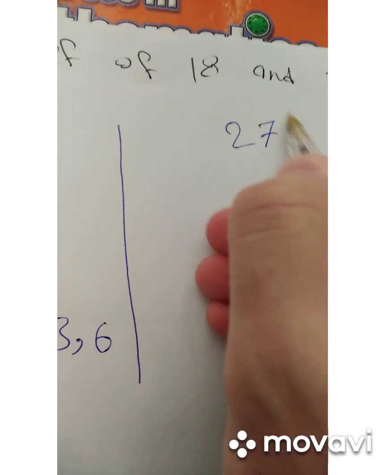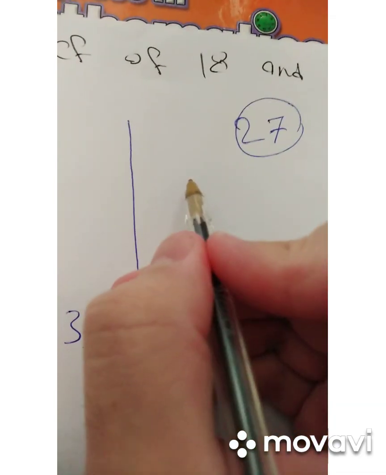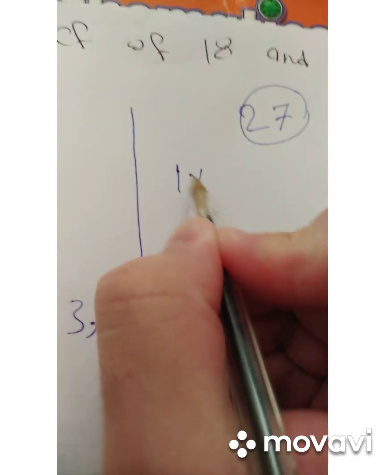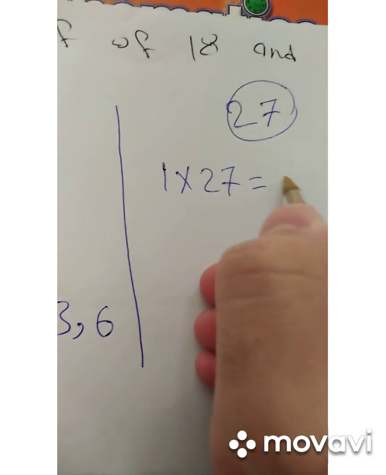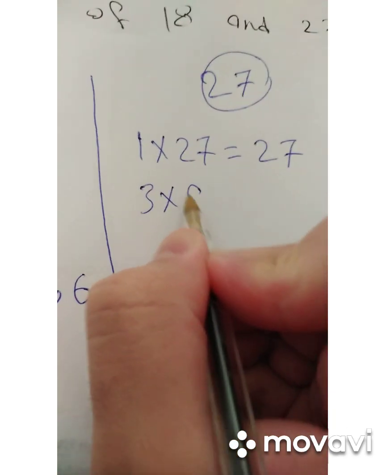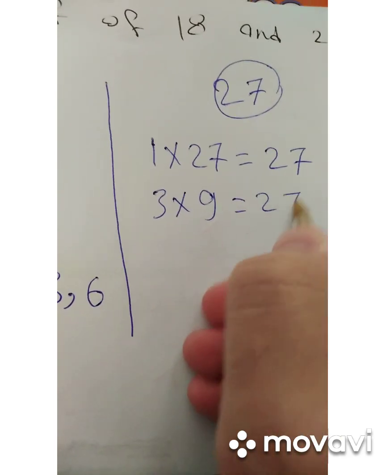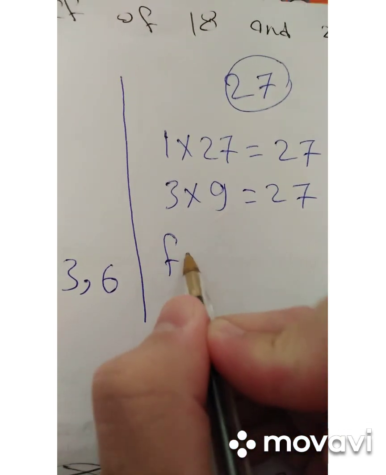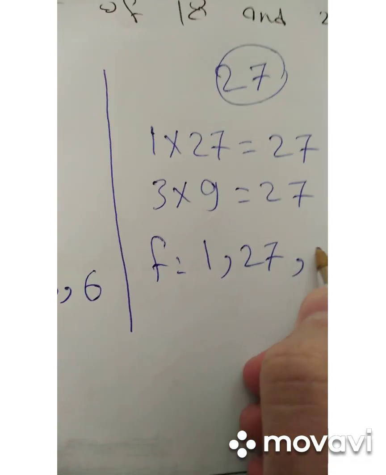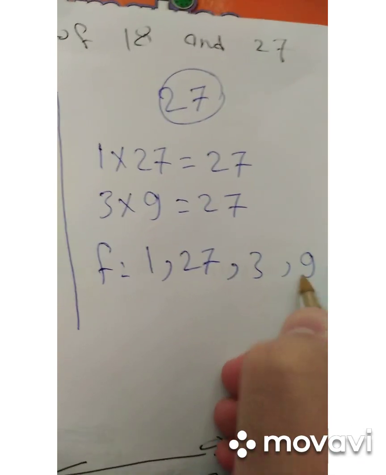Let's get now the factors of 27. What times what equals 27? 1 times 27 equals 27. 3 times 9 equals 27. So factors of 27 are 1, 27, 3, 9.